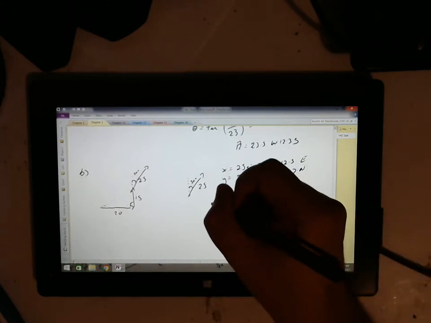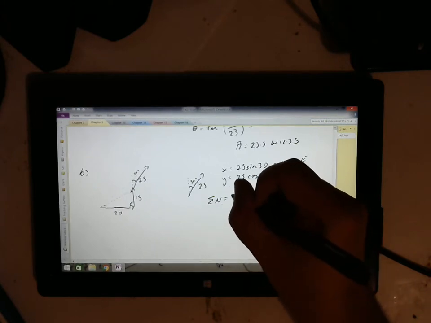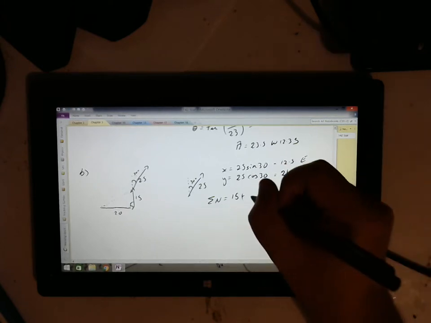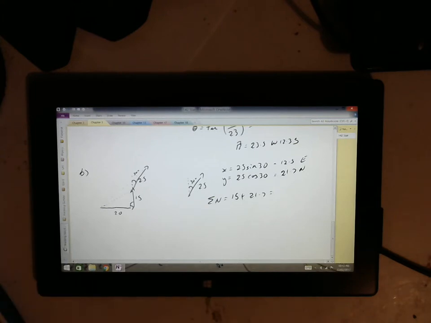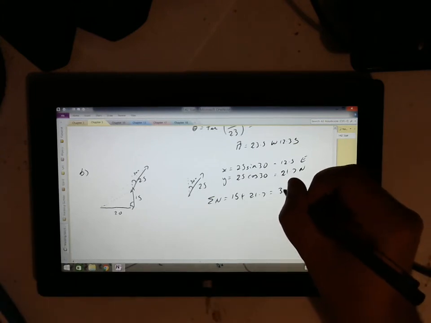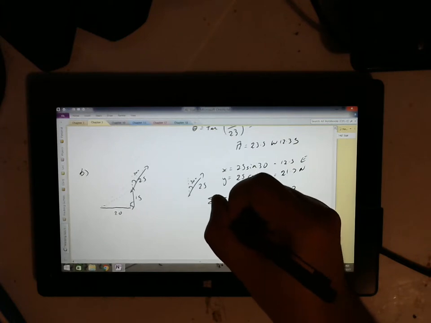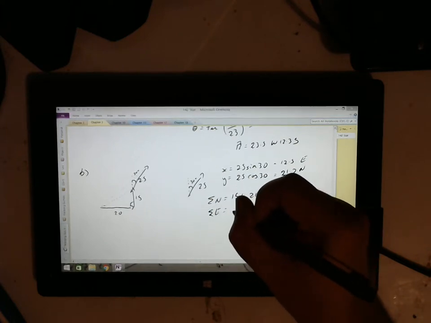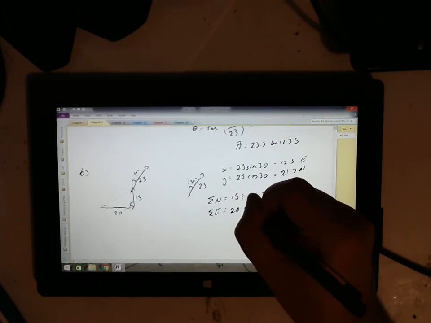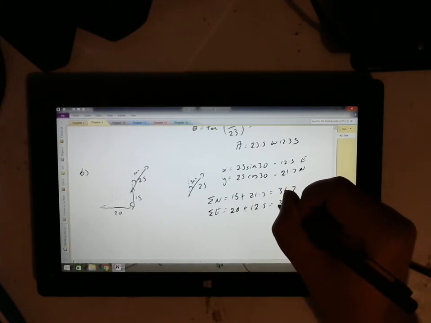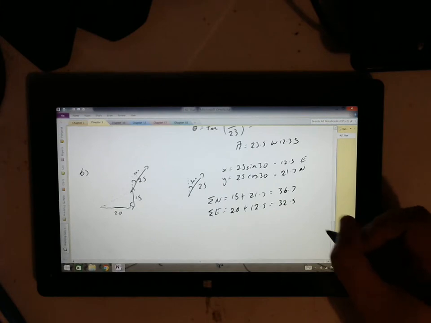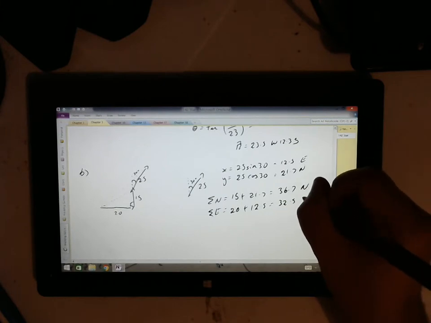Our total of north equals 15 plus 21.7. Our sum of east equals 20 plus 12.5 equals 32.5. So that's going to be our north, that's going to be our east.